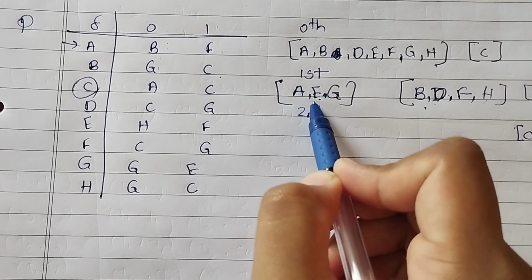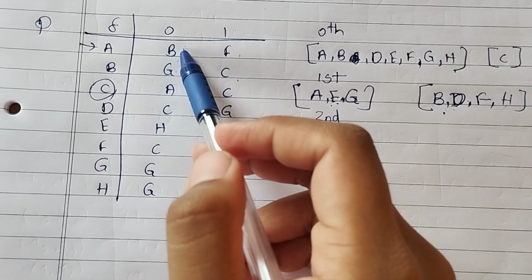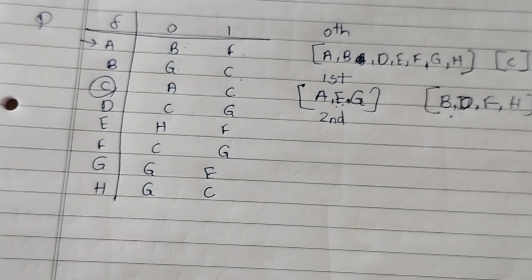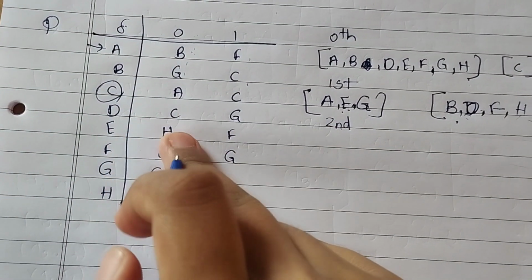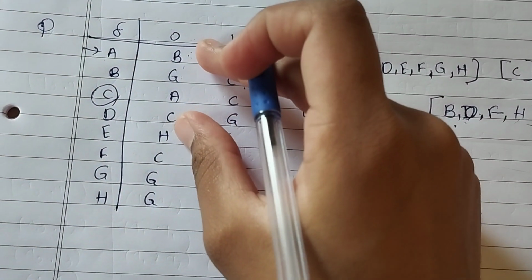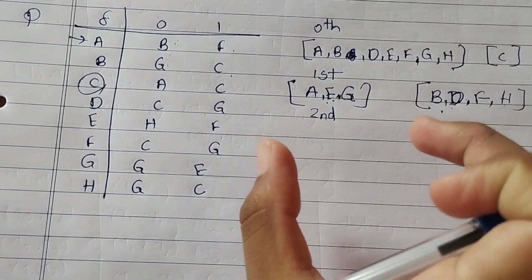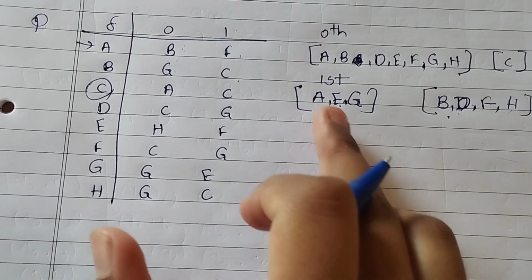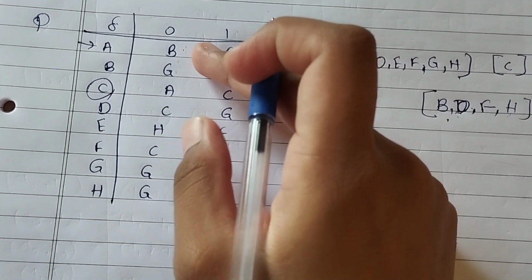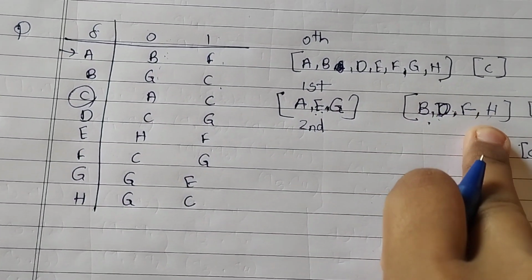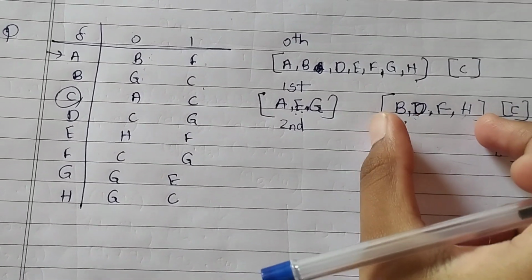We see A and E. A reads 0 in B and E reads 0 in H. Now B and H in the first equivalent: are they present in the same group or not? B is here and H is also here, so they are present in the same group.